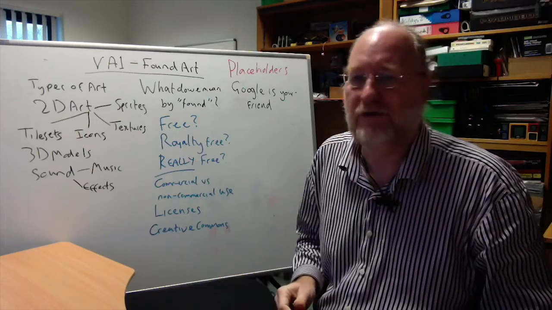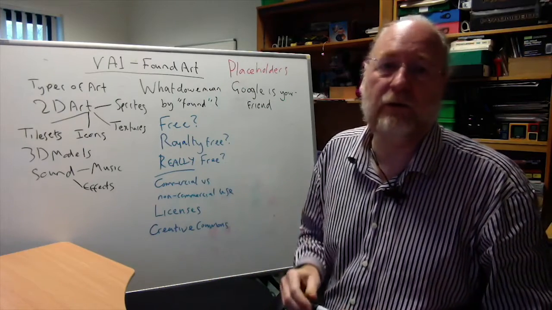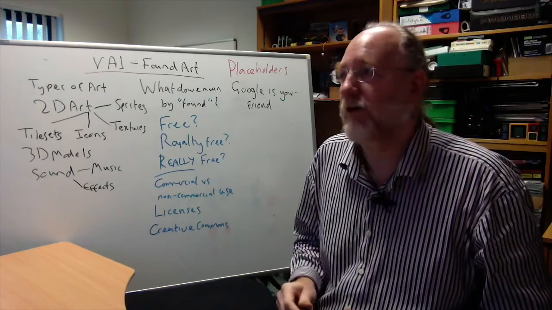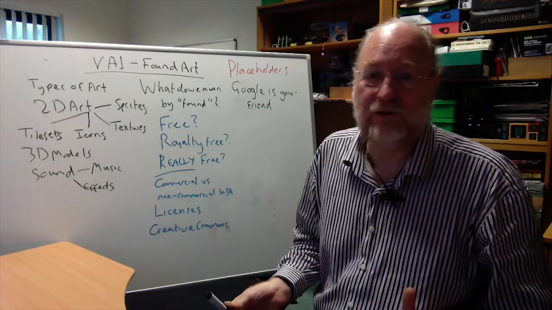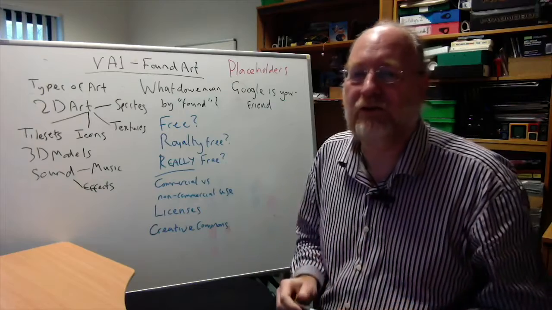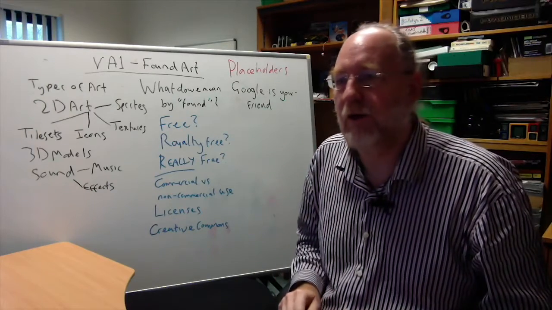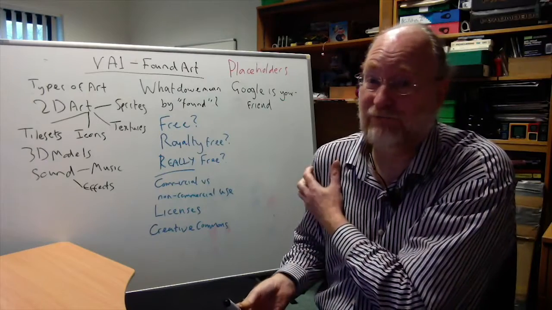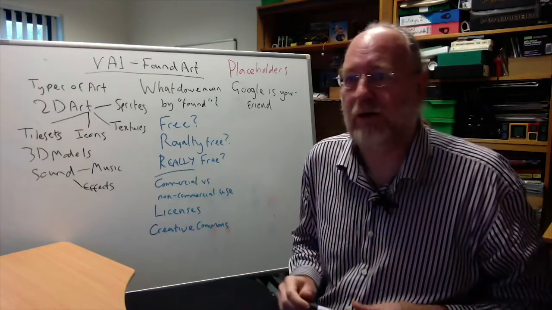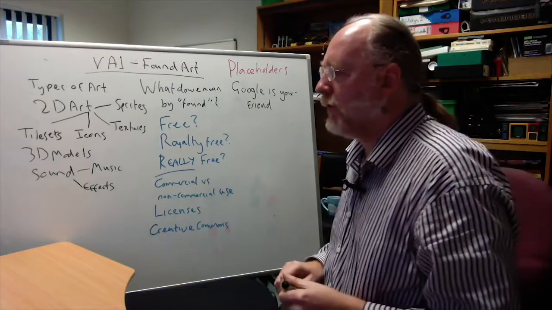Obviously, some of them will be out of date now, and these things do come and go. Sadly, several of the sites that I looked at earlier today no longer exist, but are still mentioned in nice lists of good asset sites. So unfortunately, you will have to shop around a little bit to get that.